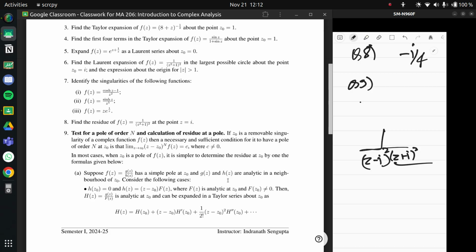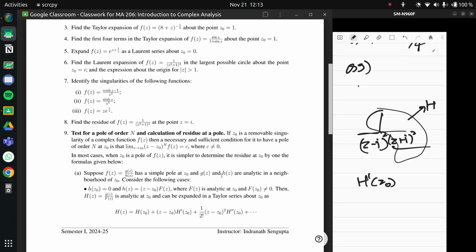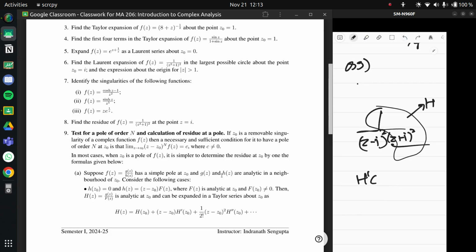So you just want to take a derivative of this and then evaluate it at z0. So this is our h. This whole thing is our h. Oh, sorry, yeah, it is. So what you want is h dash of z0, or h dash of iota, if you will.